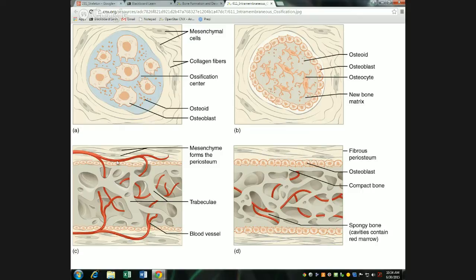And there will always be a layer of osteoblasts on the outside of the tissue, which are the cellular part of the periosteum. And then the mesenchyme beyond that will also form directly into the dense, irregular connective tissue of the periosteum. And that'll become the mature flat bone of the cranium.